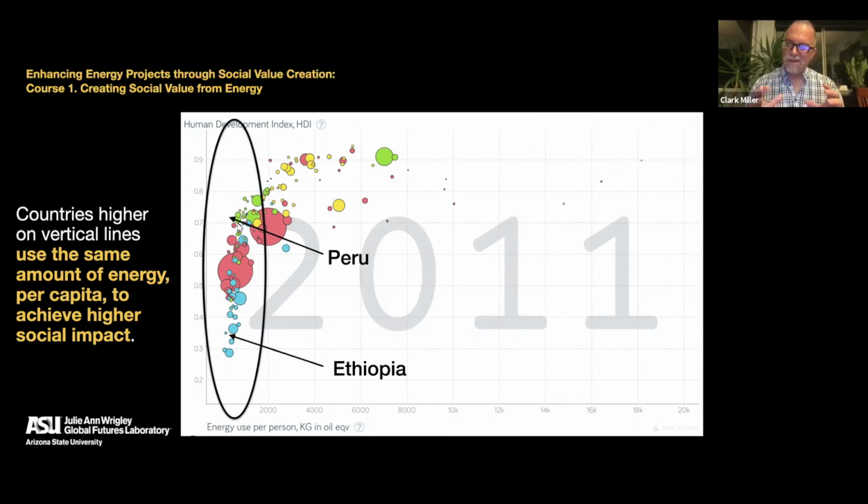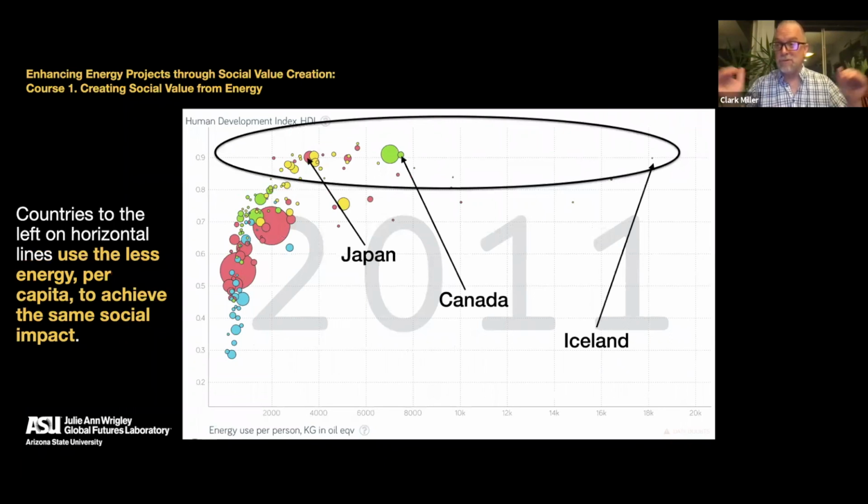That means they're doing a better job of converting that energy to human development. They're delivering a lot more social value, if you will, through the energy use that they're putting together. And the same is true across that top part of the curve.